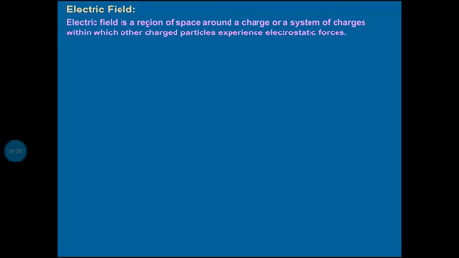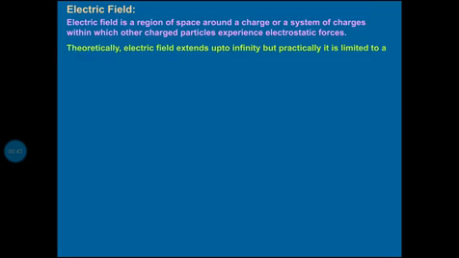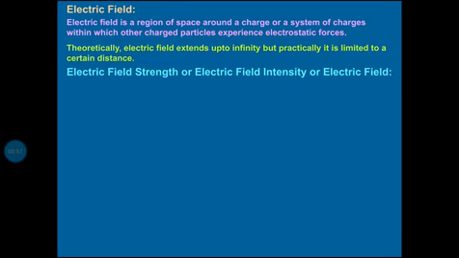Electric field is a region of space around a charge or a system of charges within which other charged particles experience electrostatic forces. Theoretically, the electric field extends up to infinity, but practically it is limited to a certain distance.